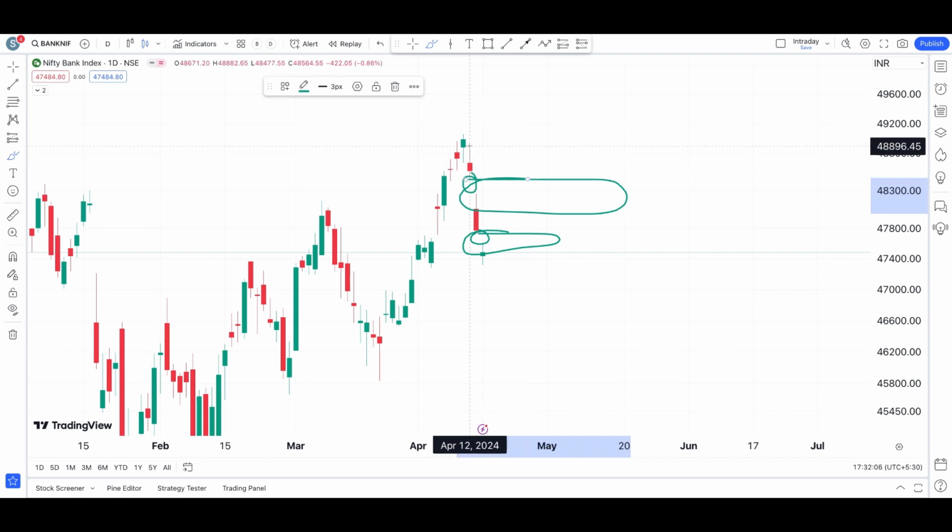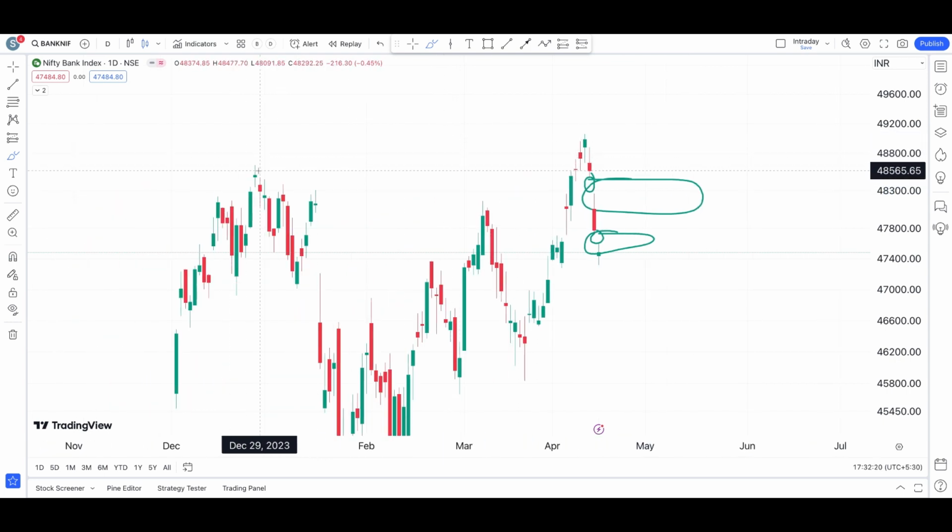And especially this reaction here. It has gone all the way towards the high point and given us an all-time high close. This was earlier a high.